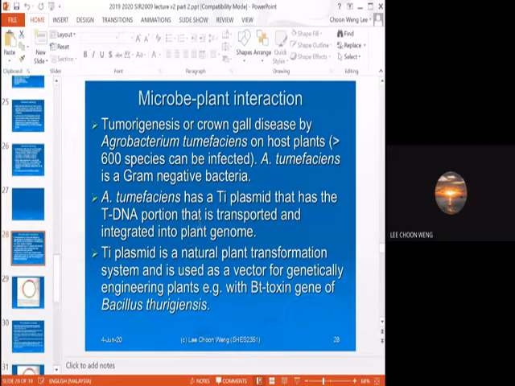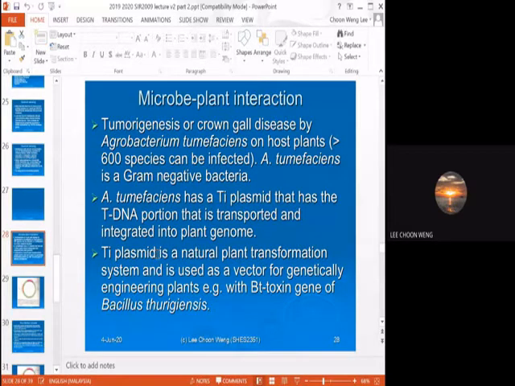So now, after scientists have investigated this process, they have applied their knowledge by using the TI plasmid as a natural plant transformation system. Okay, so they are using the TI plasmid to transform plants.